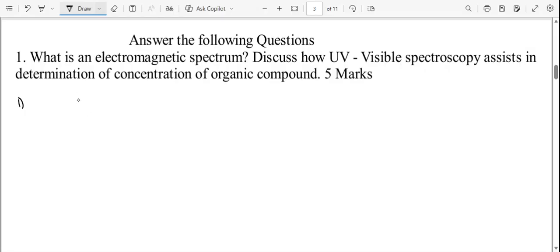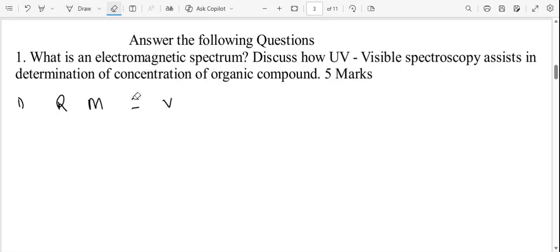electromagnetic radiations arranged according to increasing or decreasing wavelength or frequency. Sometimes you find some books write them as radio, micro, infrared, visible, ultraviolet, X-ray, gamma, and so on.